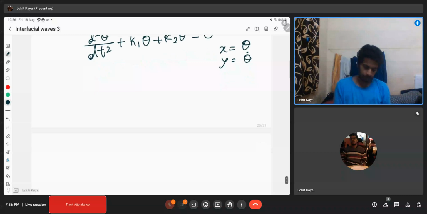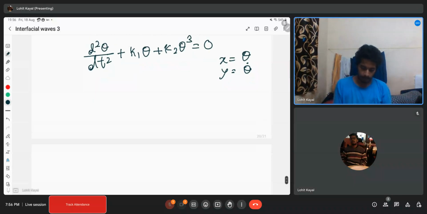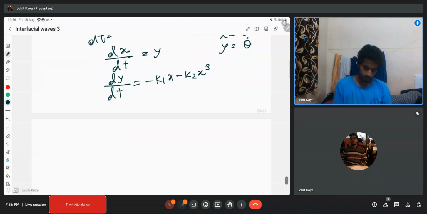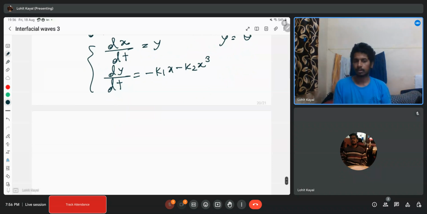So what is the equation? We can find it very easily. One equation will be dx dt equal to y, and dy dt equal to minus k1 x minus k2 x cube. We have done a similar example in the last class.